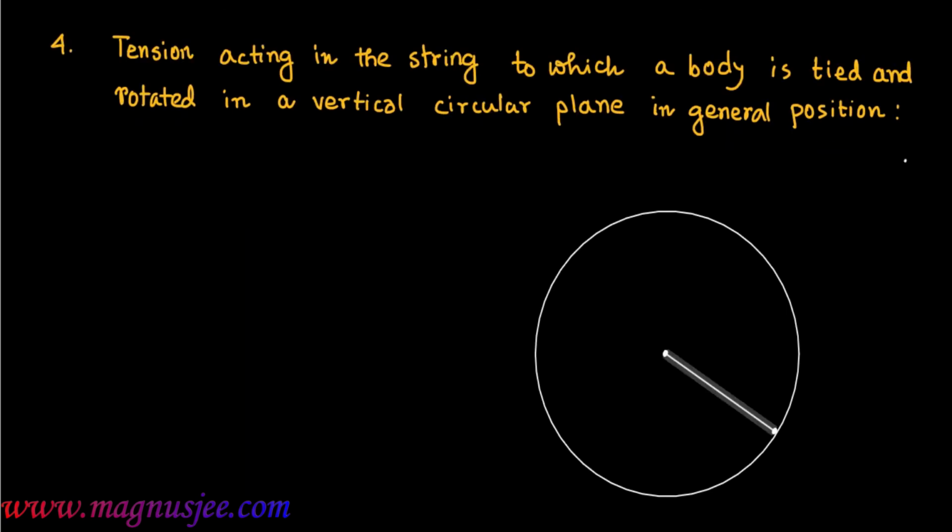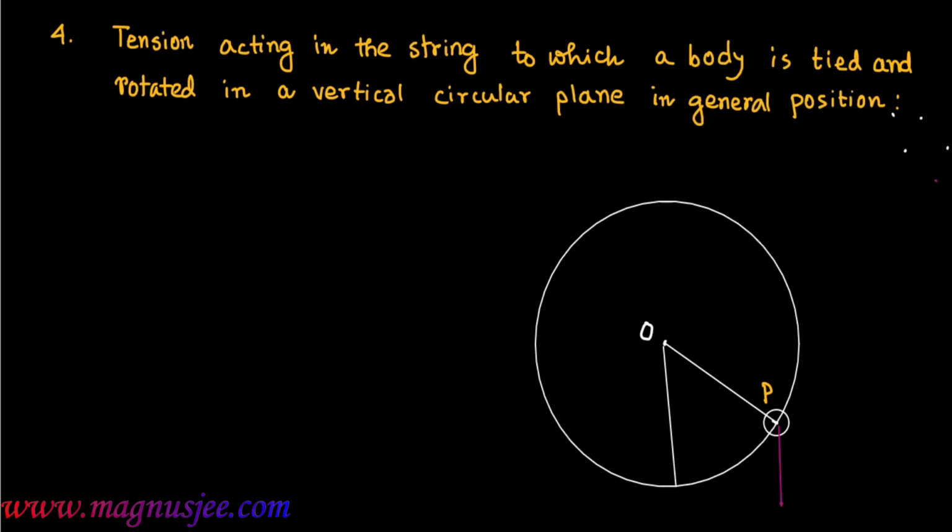In the diagram, the string comes at this general position, in which the string makes an angle theta with the vertical. O is the center of this vertical circular path, and P is the point at which the string makes an angle theta with the vertical.